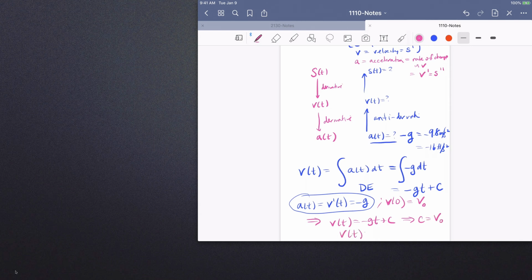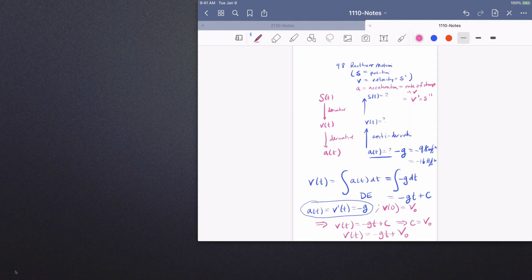So your velocity at any time is negative gt plus v0, the initial velocity. So if you know the acceleration, you can work your way up to the velocity by finding an antiderivative.